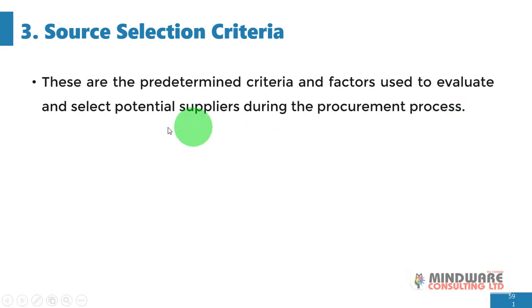You use the source selection criteria, and this varies from project organization to project organization. So you have to understand what the source selection criteria are for your own organization, and that will also be determined by the type of organizational structure and processes that have been established within the organization.